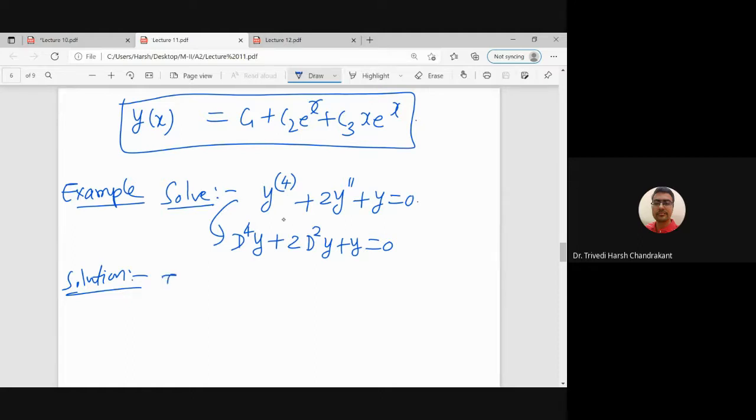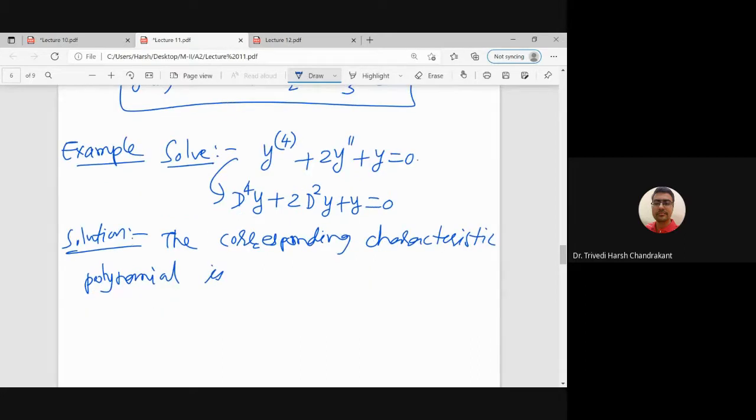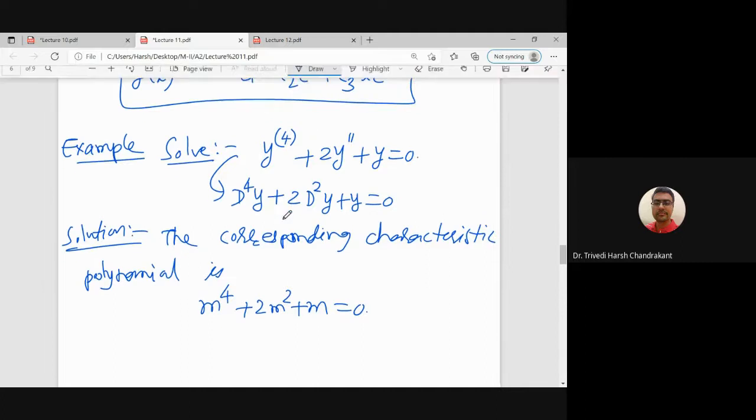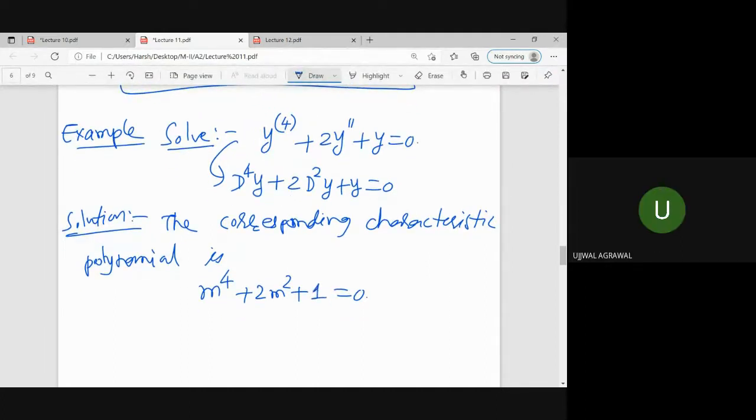So first the corresponding characteristic polynomial is, okay, of fourth degree, right? m power 4 plus 2m square plus 1 is equal to 0. Not m, it is a constant term, right? Yes, right, so now it is fine.